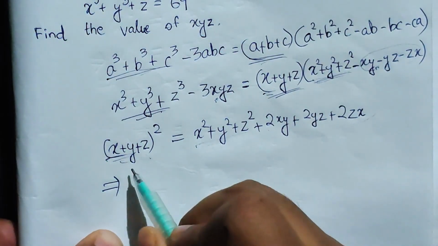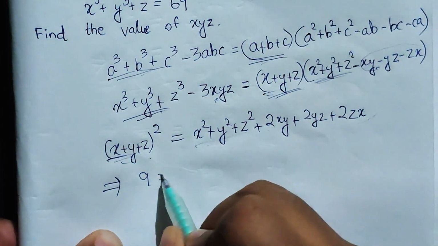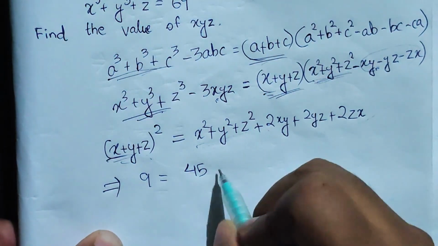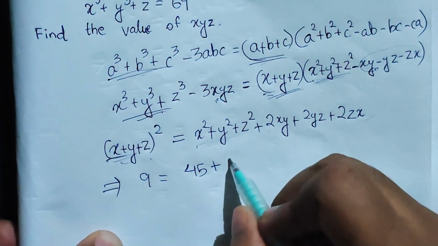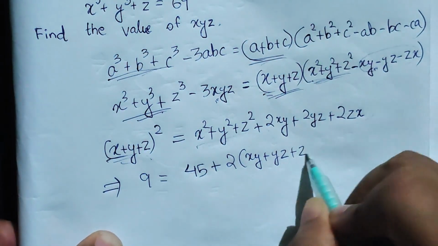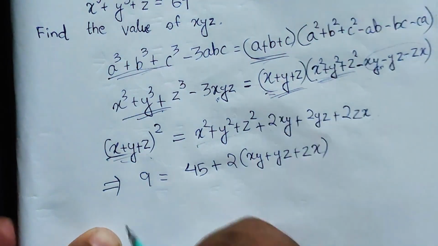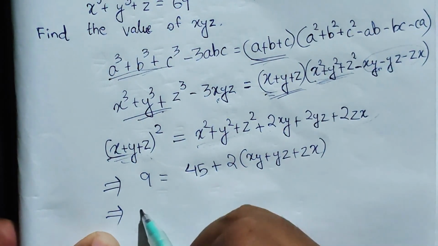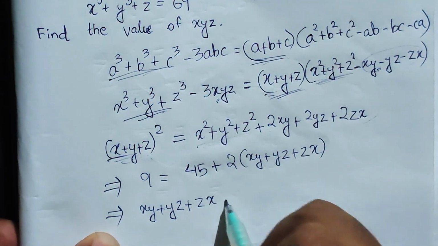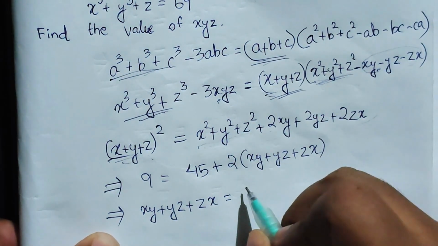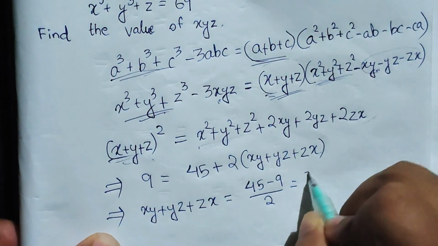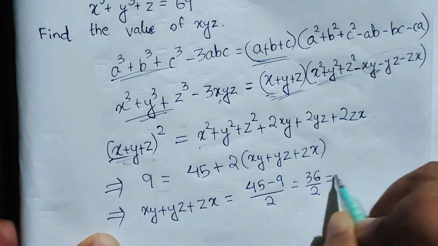Okay, so this becomes 9 equal to, this is 45 plus, and this is 2 multiplied by xy plus yz plus zx. So after evaluating, xy plus yz plus zx equals 45 minus 9 by 2 equal to 36 by 2 equal to 18.